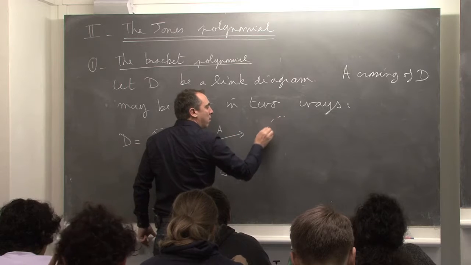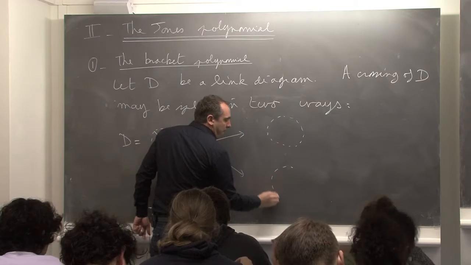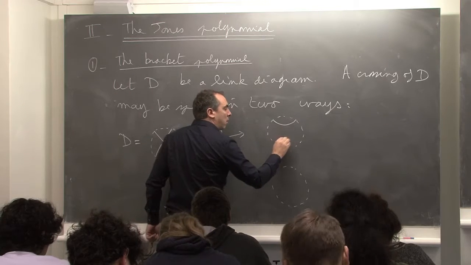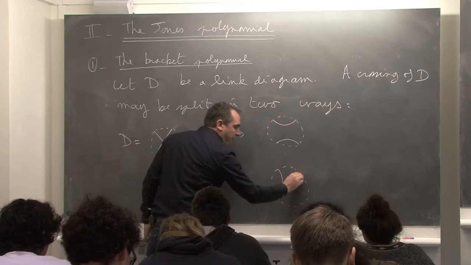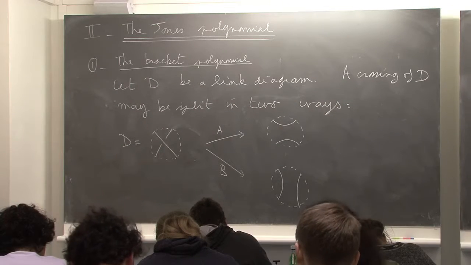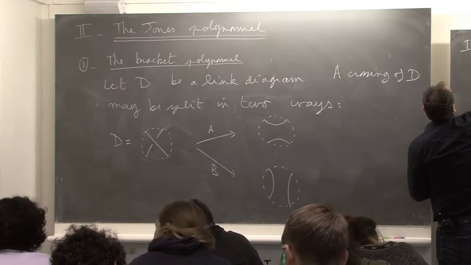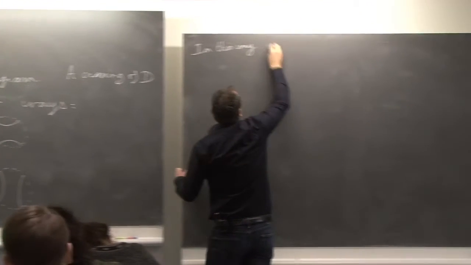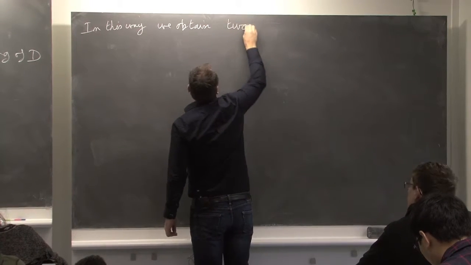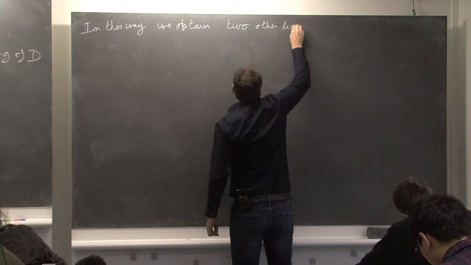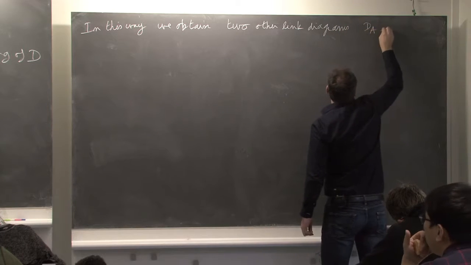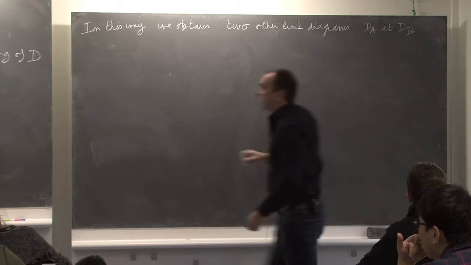So first, we can smooth it like this or like this. And if we do this, we obtain two other link diagrams, which I denote by D_A and D_B. D_A will be this one.